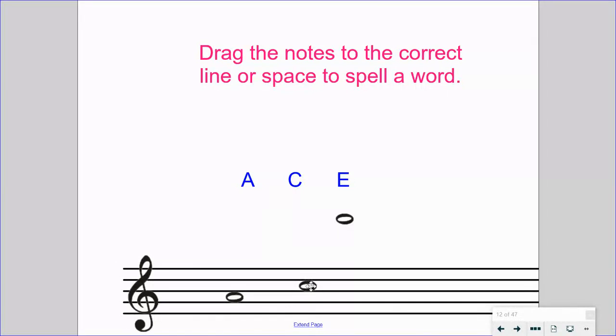That one. Okay, and we would call that the third space because we start at the bottom. Okay, now E. I have 2 choices. All right, and you get to pick. Are we doing the line note or the space note? We're doing the line. All right. So if we did the line note, I would do it just like that. All right. Are you ready to try some on your own?